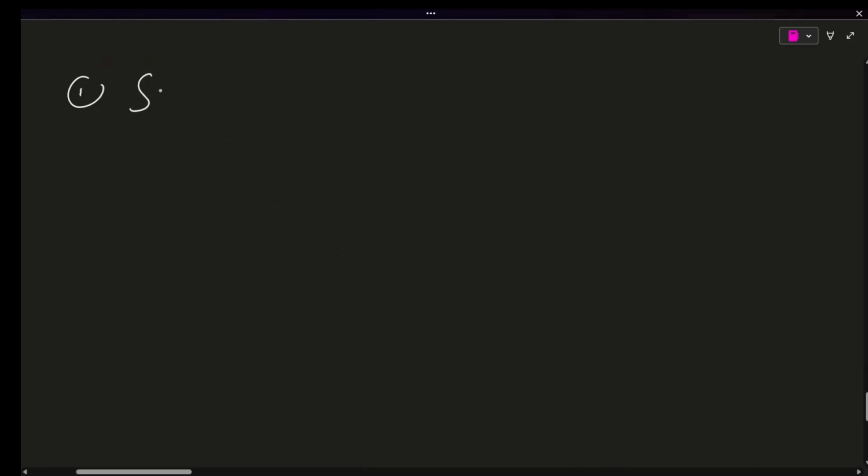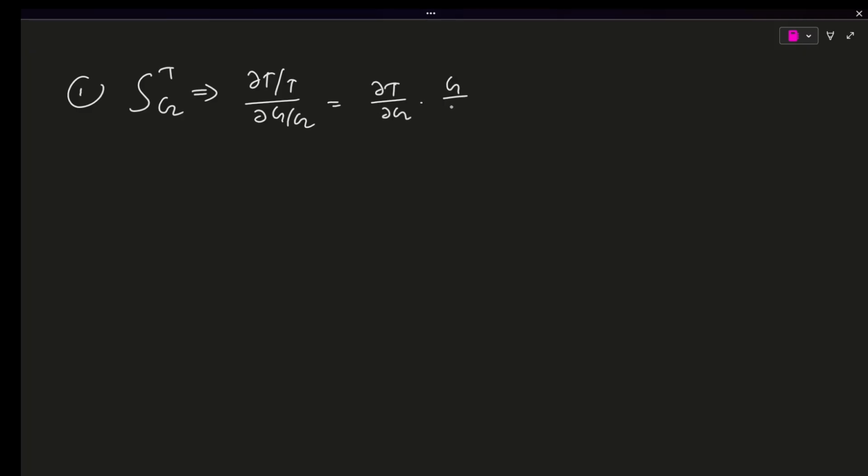So for the sensitivity of T for G, we will write it as change in T divided by change in G equals dT by dG into G by T. So what is T? We know that T is our closed loop transfer function or CLTF.